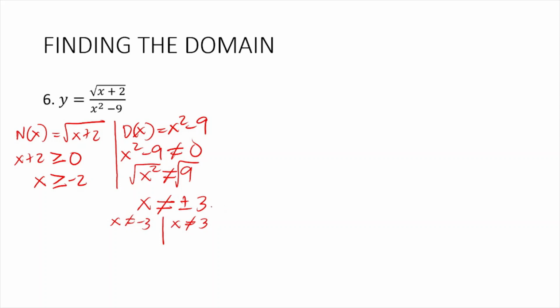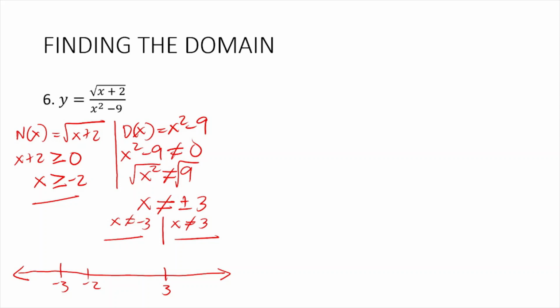Okay, so in this case, we have 3 points of interest: x equals negative 2, negative 3, and positive 3. So let's draw a number line and check. Let's say this is negative 3, this is negative 2, and this is positive 3. Because of these x values, we have 4 regions or 4 intervals.